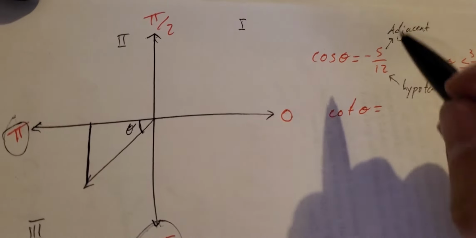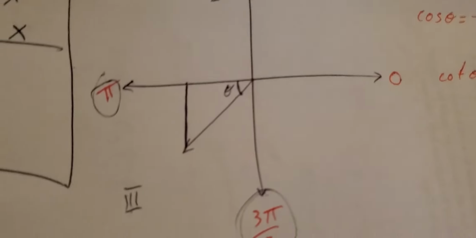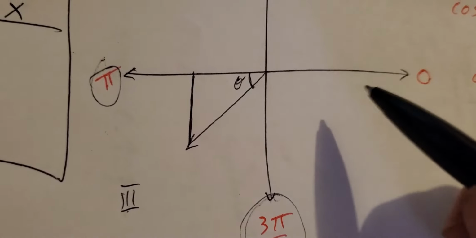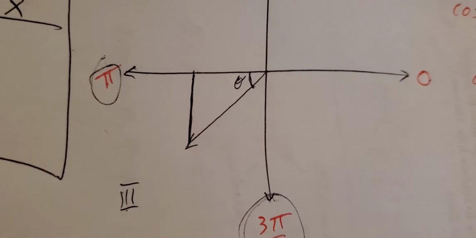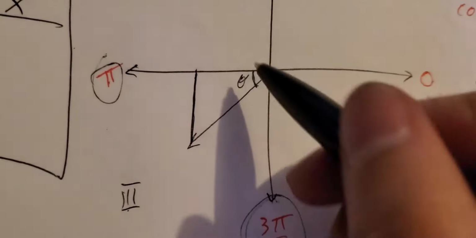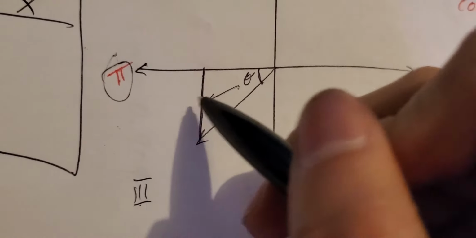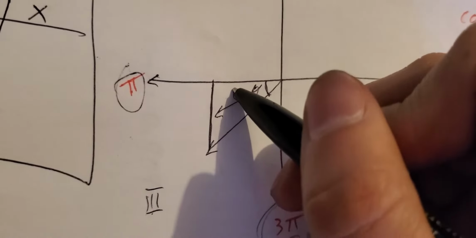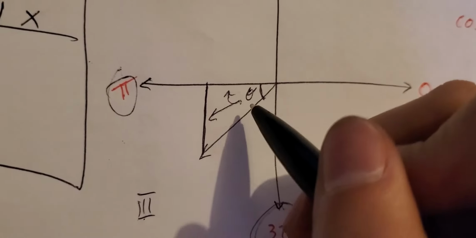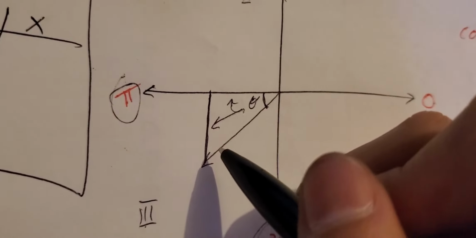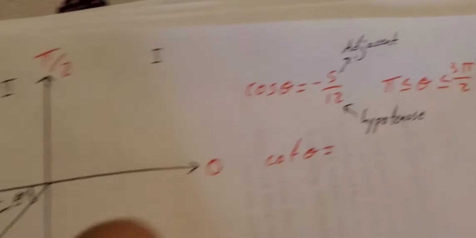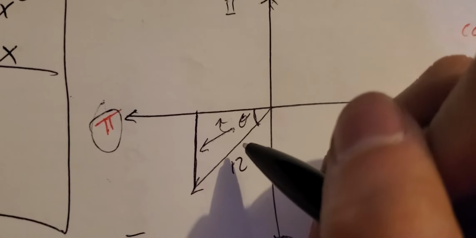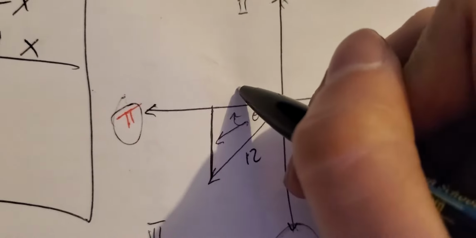Based on where my angle is placed, this side is my opposite side. That means the remaining side here is going to be my adjacent, and the long side, of course, is going to be my hypotenuse. Again, it's negative 5/12. 12 is my hypotenuse, and 5 is my adjacent side.